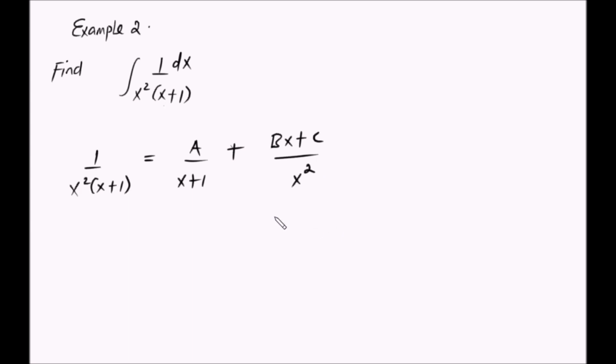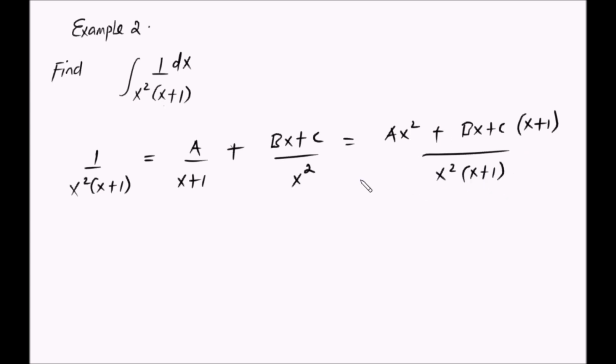Yeah. So find the LCM there, it will be like this, at the bottom it is x squared times x plus 1. Yeah. So compare the numerators to get the values of a, b, and c.